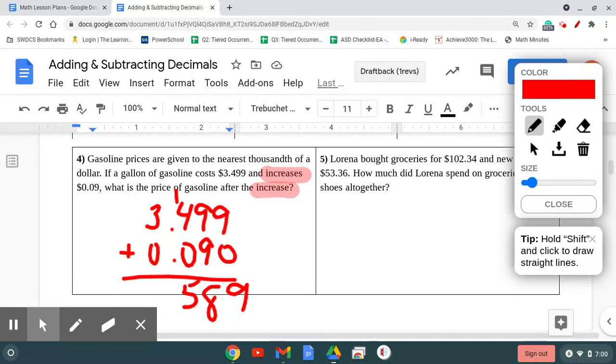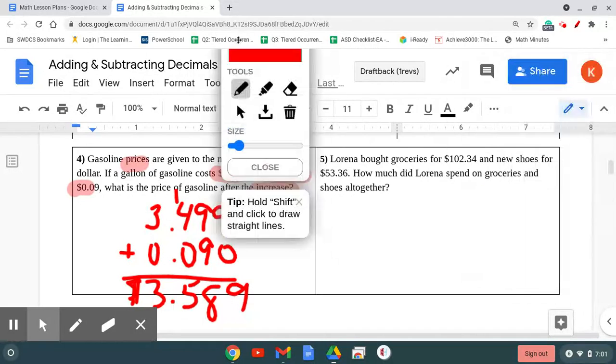Bring down your decimal. 3 plus 0 is 3. Now we need to add our label sign. So what are we talking about in this problem? Well, we're talking about the price of gas, and both of our numbers have a dollar sign. So our label should be the dollar sign. So $3.589.